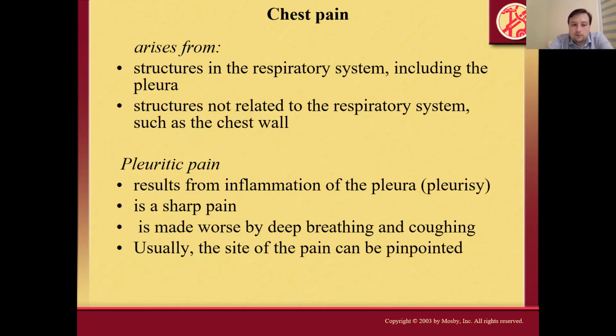Pleuritic pain: what can cause this pain? It results from inflammation of the pleura, pleuritis. This pain is sharp, acute, and is made worse by deep breathing and coughing. Usually the site of the pain can be pinpointed.